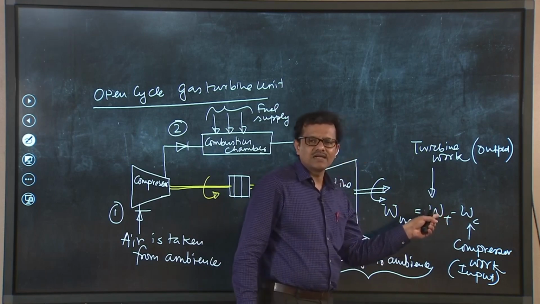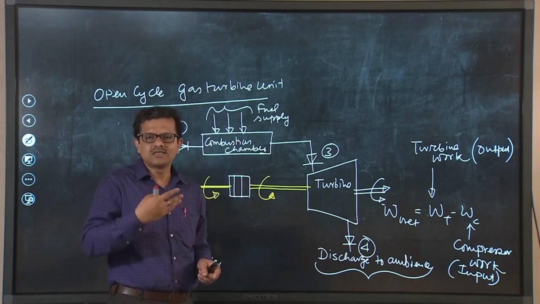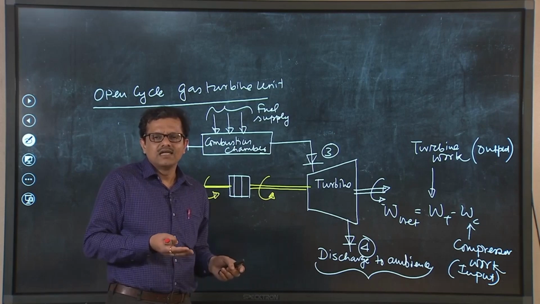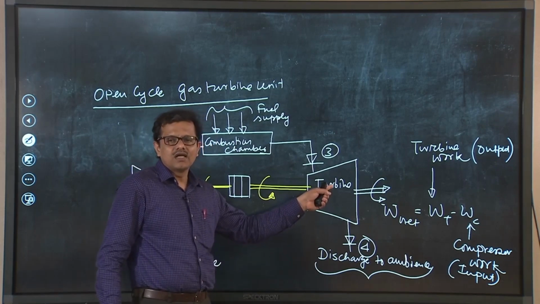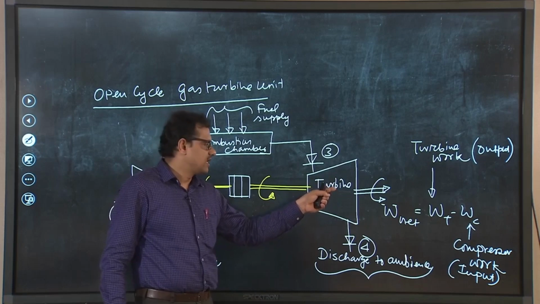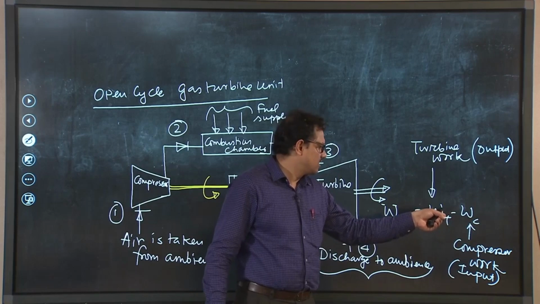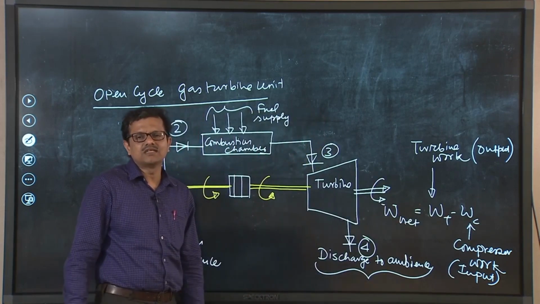We are assuming that this work will be produced if we consider the process to be isentropic, reversible adiabatic. But as I said, in the real case this process will encounter a high degree of irreversibility, and accounting for that this Wt should be even less than the predicted value using the isentropic process.